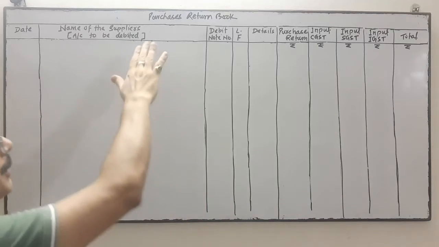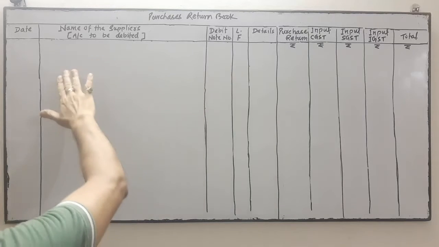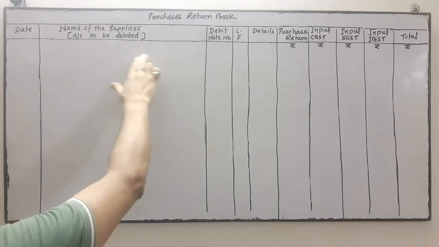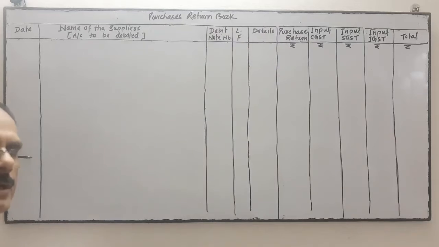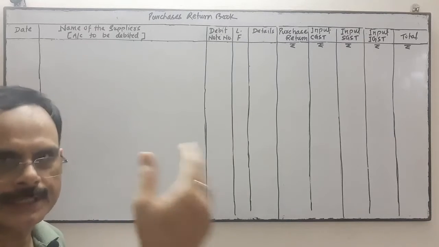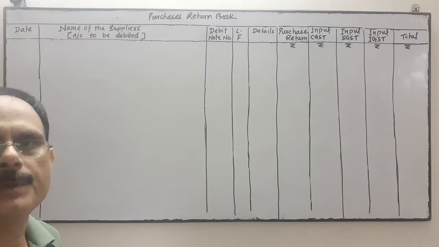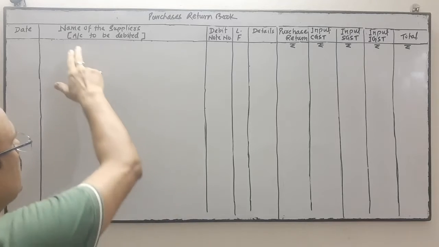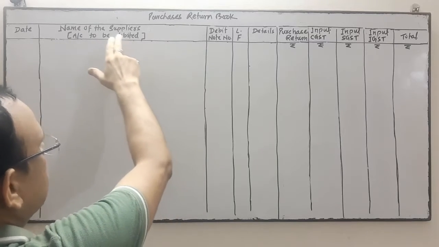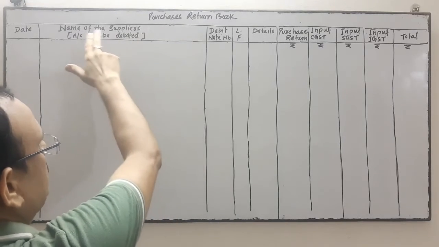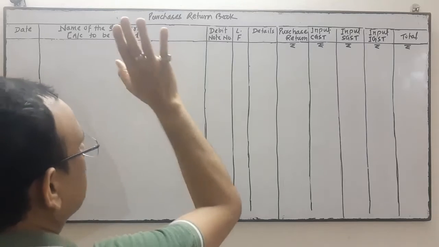Now this is the format of the purchase return book. Date, name of the supplier, account to be debited. When we return the goods to the supplier, the supplier's name is debited and the purchase return account is credited.